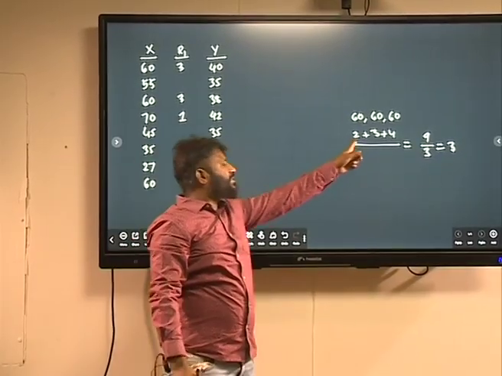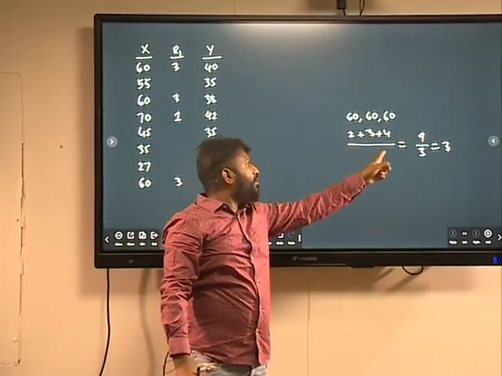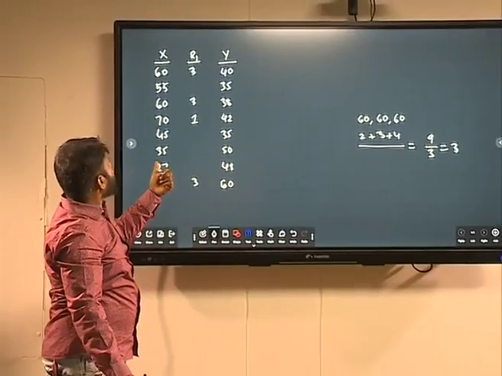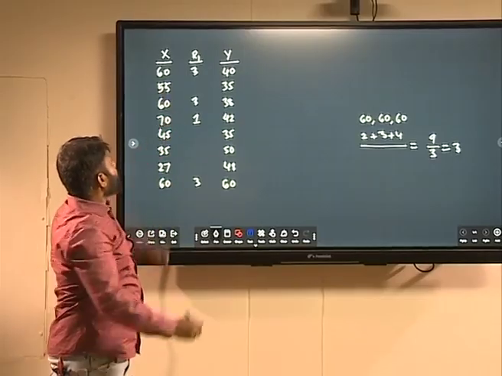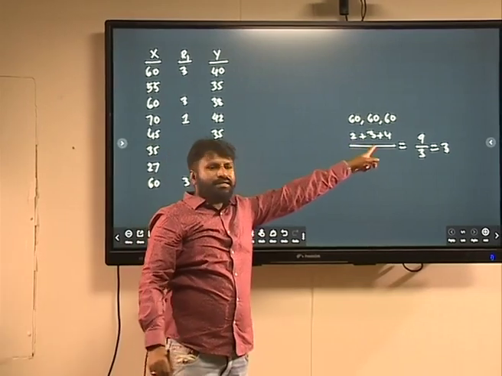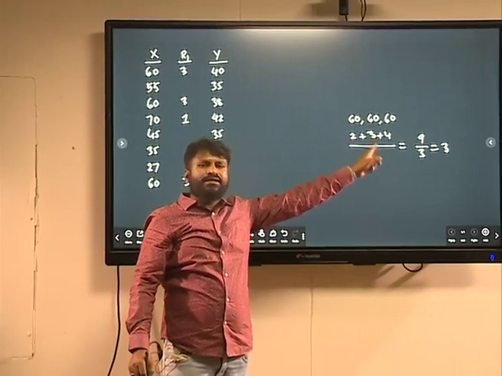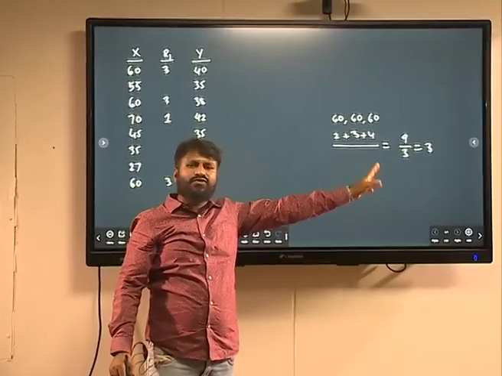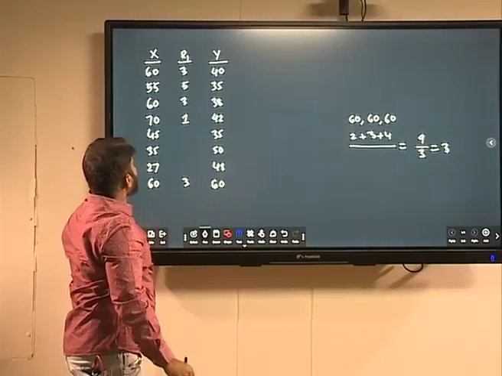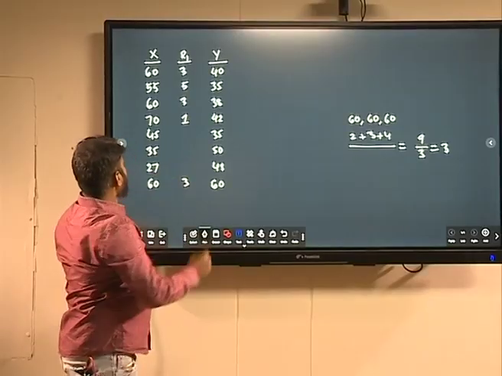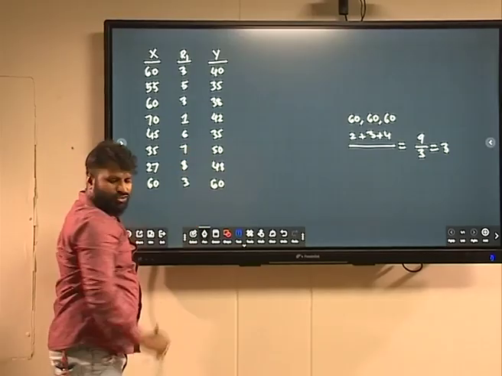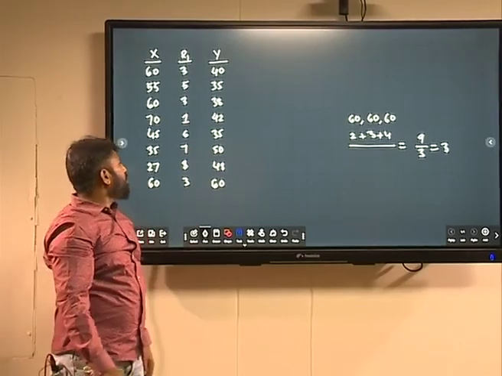It means second, third and fourth ranks are already used. Next, the fifth rank after 60 is this 55. We do not give 4 again because we only take the average of those 3 ranks. Now the fifth rank is assigned as usual, then sixth, 7, 8. This is the way to assign the ranks.